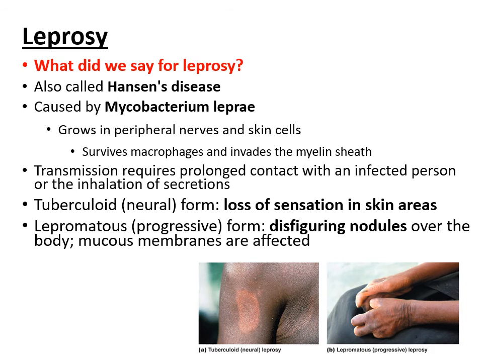And there are actually different forms of leprosy, and because it is neurological, it ends up having some paralytic or sensation loss, as well as the loss of limbs and really disfiguring nodules all over the body.